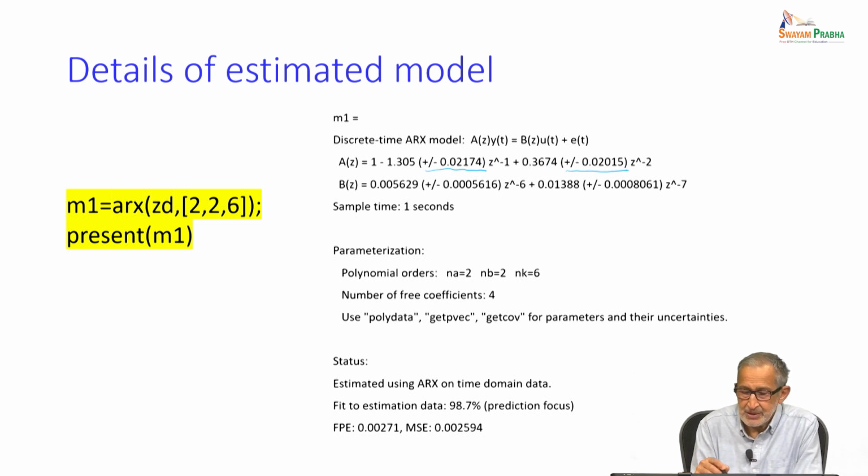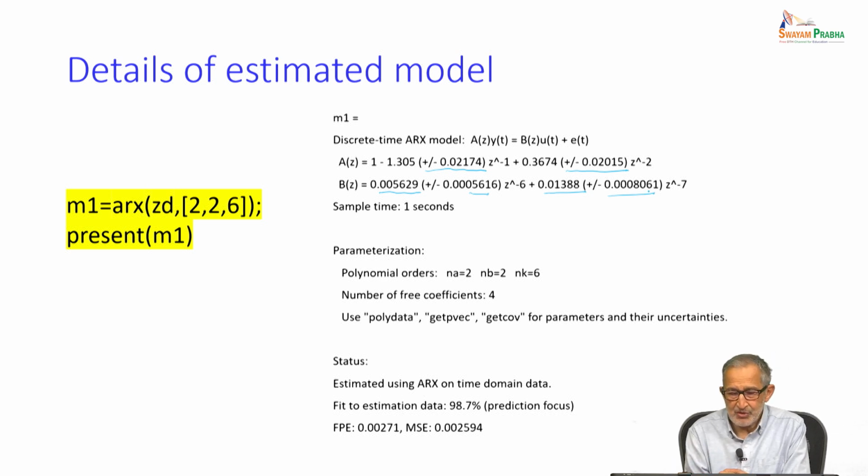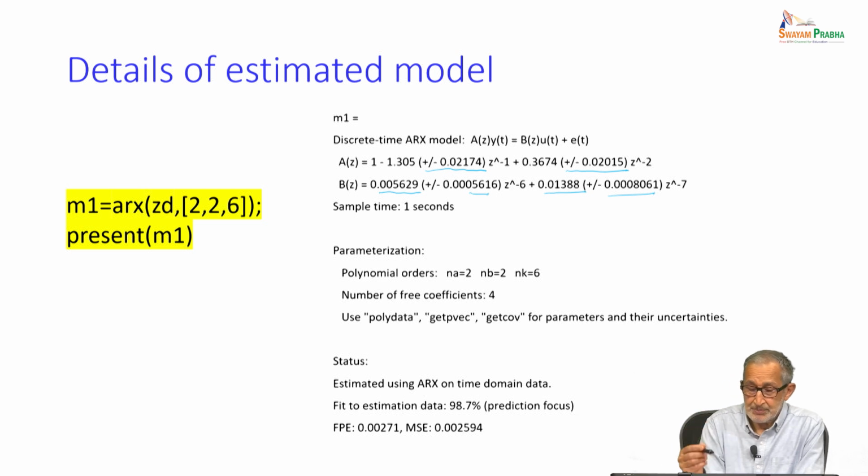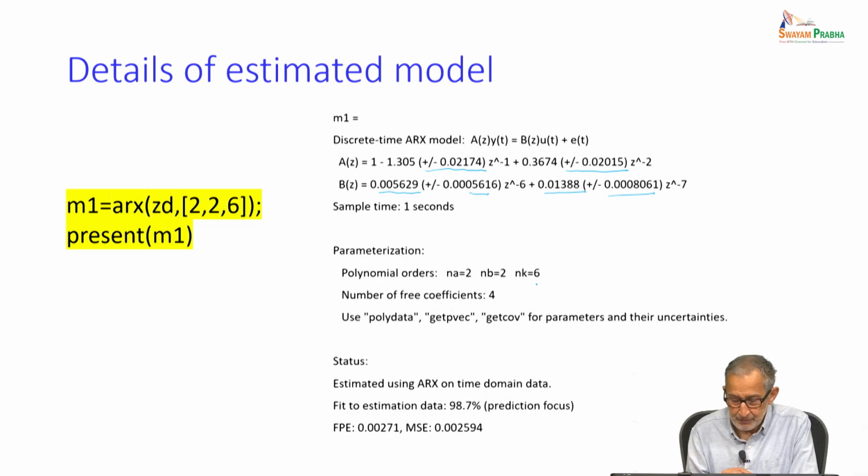And here is the second order B polynomial, 0.5629 with this very small standard deviation, and then another term, the second B term, with the corresponding standard deviation. So the parameters that we've selected are second order A, second order B, delay of 6.